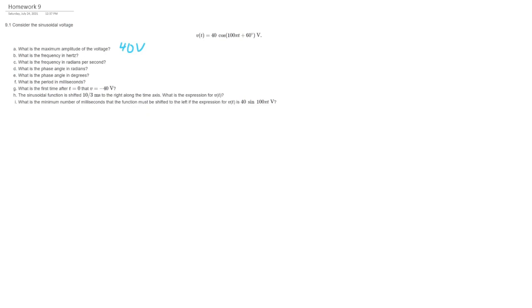The frequency in hertz we can get from the angular frequency right here. So you take the angular frequency divided by 2 pi. I'll just leave it as omega. So omega over 2 pi equals f.